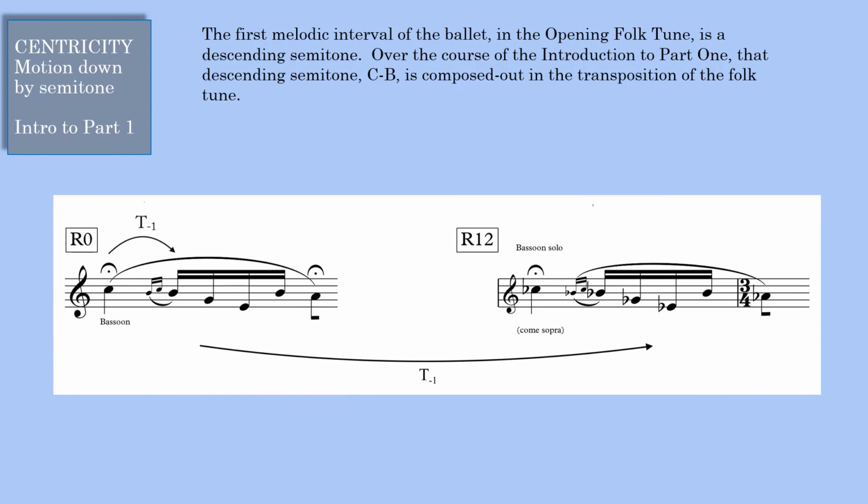The very first melodic interval of the ballet in the opening folk tune is a descending semitone. Over the course of the introduction to Part 1, that descending semitone C-B is composed out in the transposition of the folk tune.